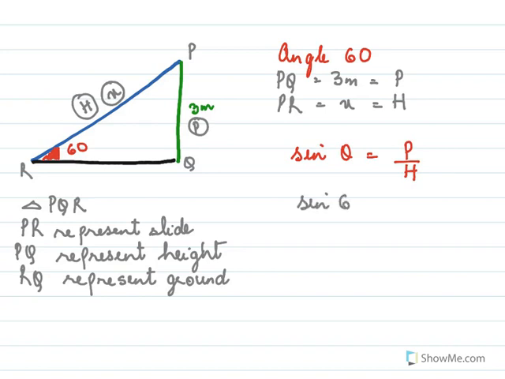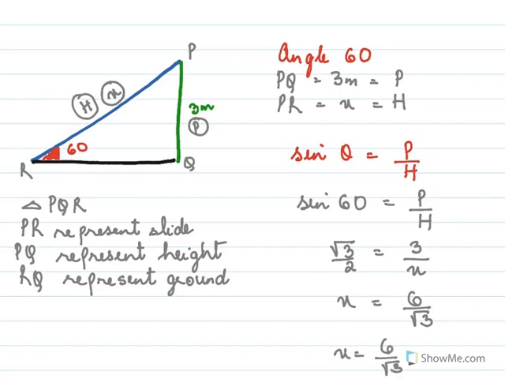In this case it is 60. Sine of 60 is perpendicular over hypotenuse. Sine of 60, root 3 by 2, equals 3 over the hypotenuse, X, which is what we need to find. So X equal to 6 over root 3. Now you rationalize.